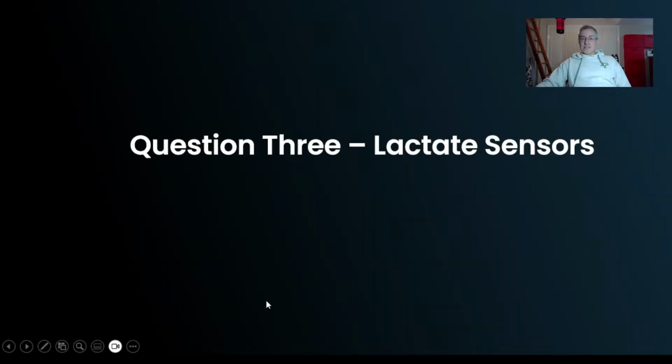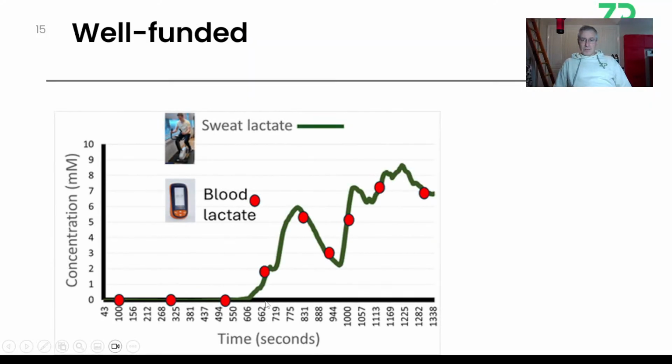On lactate sensing, for example, we have a well-funded US company coming next week, and we will be doing on-person testing on ZP lactate sensors to help them scope out new business opportunities.